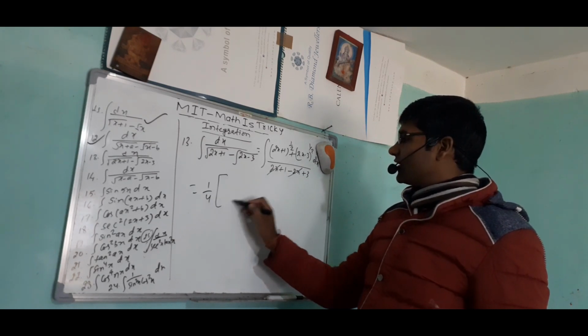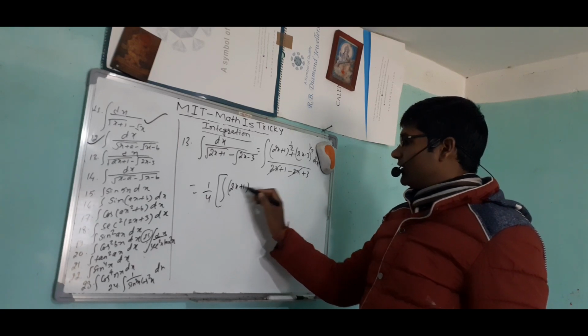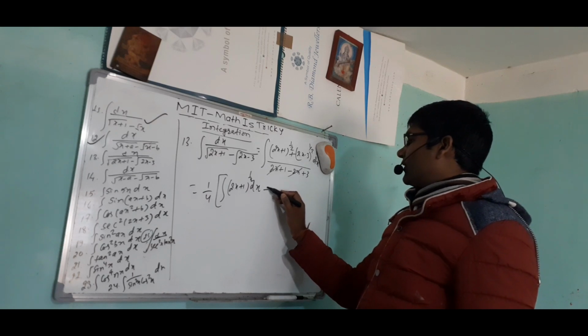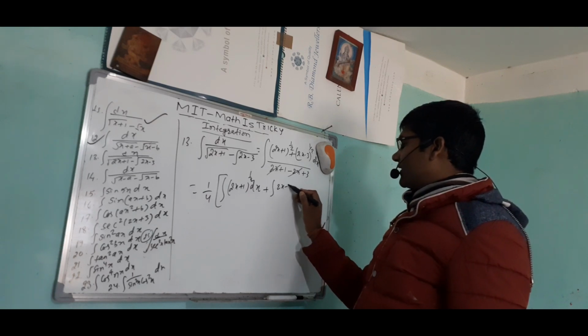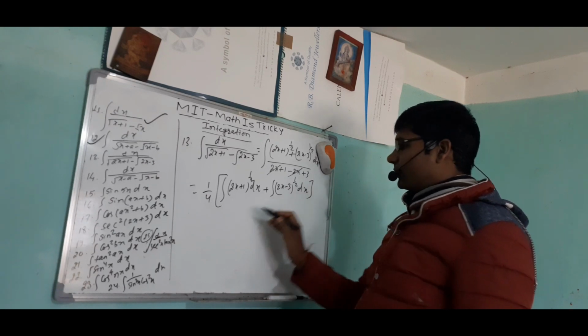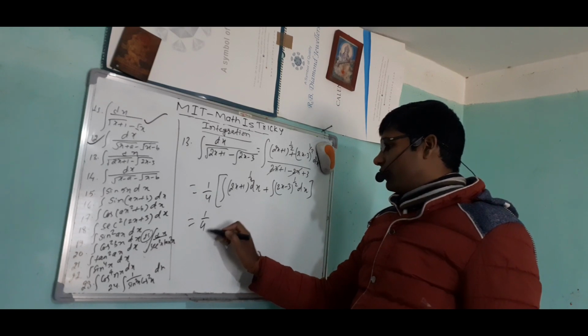It's constant outside. It is going to be integration of 2x plus 1 dx power is 1 by 2 plus integration of 2x minus 3 power is 1 by 2 dx. So by integration we'll be getting 1 by 4 outside.